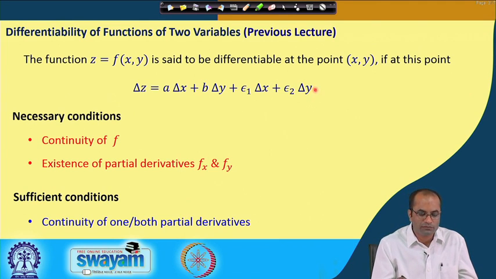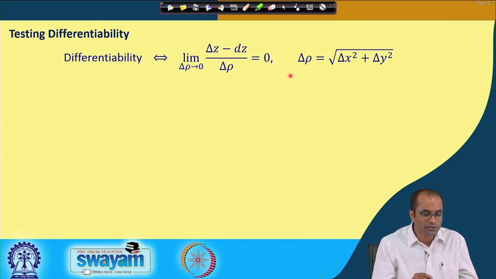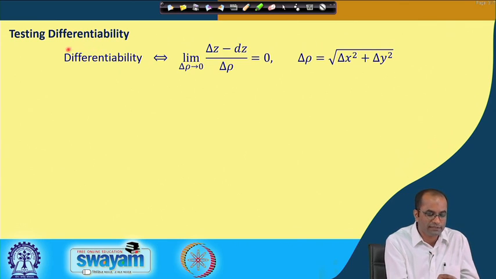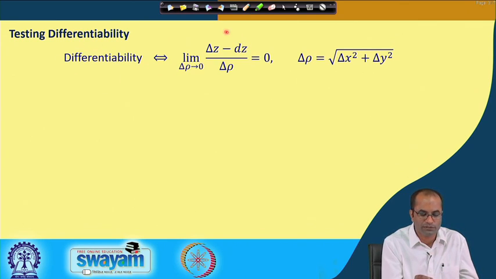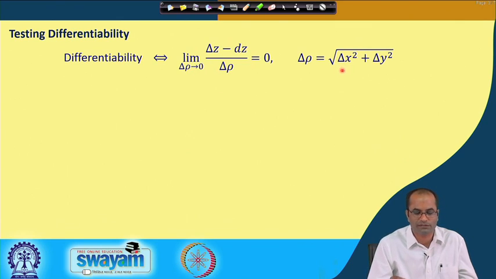Today, we will learn another way, which is equivalent to this expression, that can be used to prove differentiability easily, and that is the limit test. So, here we will now show that differentiability is equivalent to saying that, with delta rho the square root of delta x square plus delta y square, if we take the limit of the expression delta z minus d z over delta rho and it is equal to 0, then we can prove that the function is differentiable.